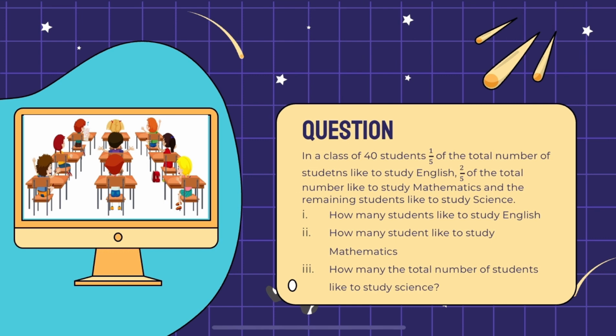And the remaining students like to study science. First, how many students like to study English? Second, how many students like to study mathematics? And the last question is, how many students like to study science?